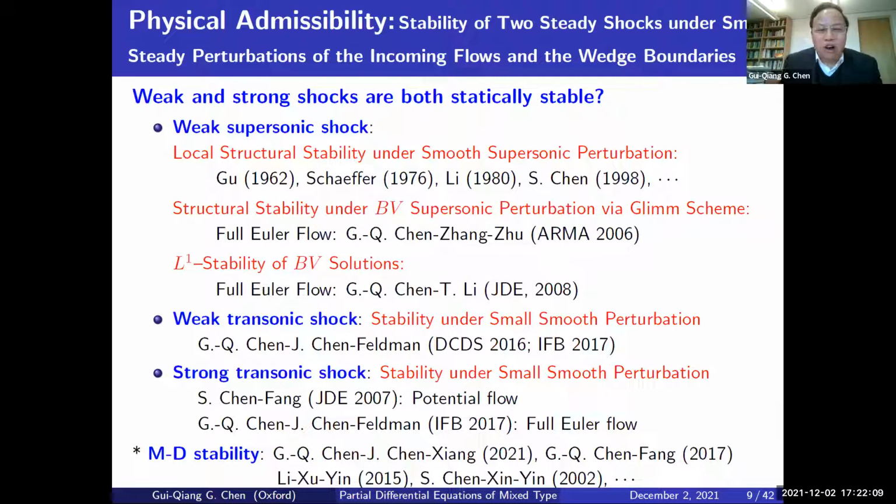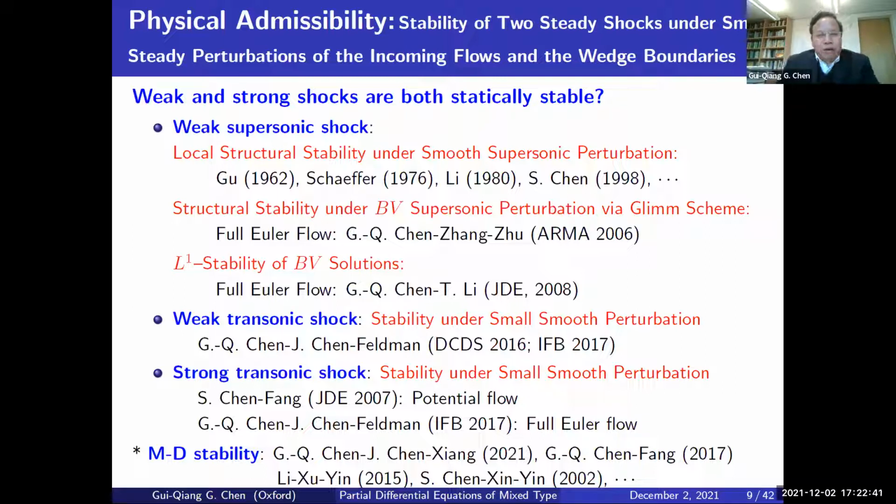For transonic shock the situation is more subtle, but this has now been done for weak transonic shock and strong transonic shock. Recently it has also been understood for multi-D stability, not just two dimensions, which is the high-dimension case. I just list some of the papers; there are more papers actually, and I could not put all the names here.